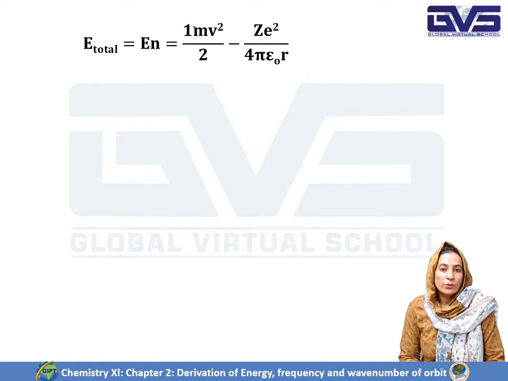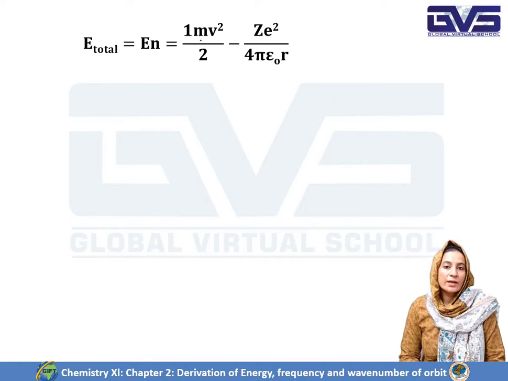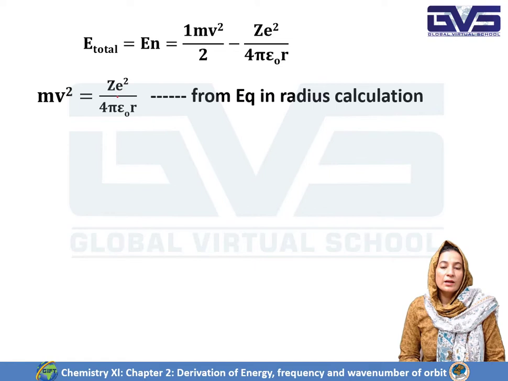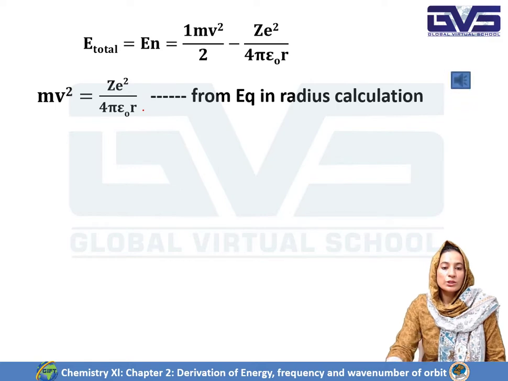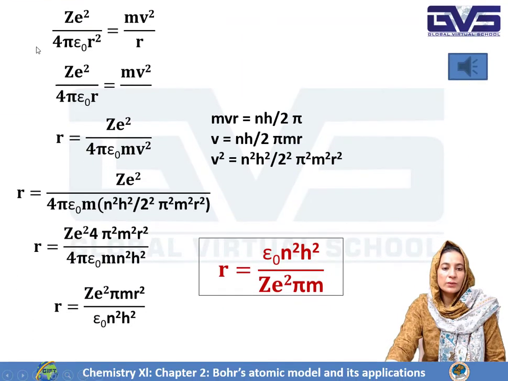Students, if you remember from the previous lecture, while we were calculating the radius of an electron, there was a factor mv square, and this mv square was equal to ze square divided by 4 pi epsilon r. I can show you this from that slide, like this one.